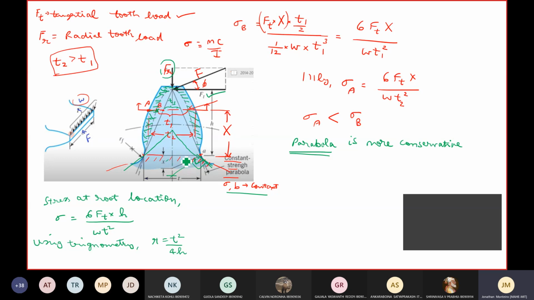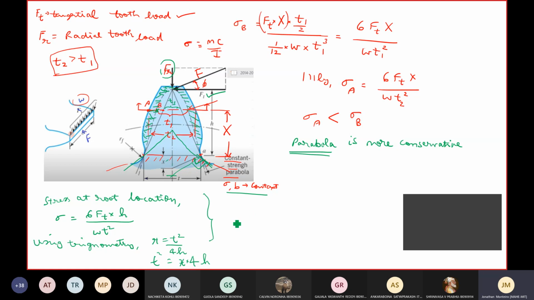That is how it is; it's just a trigonometrical calculation. x is equal to t square by 4h. We'll substitute that and put it together. That is, t square is equal to x into 4h. Correct, rewriting. So substitute back here.